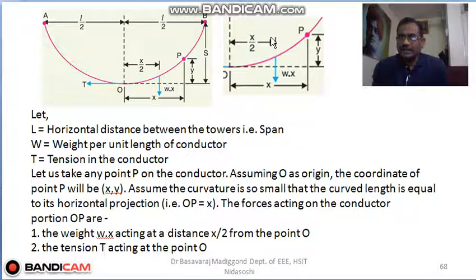One is the conductor weight, W into X, which acts at a distance X by 2 from origin O. Another one is the tension T, acting at point O.